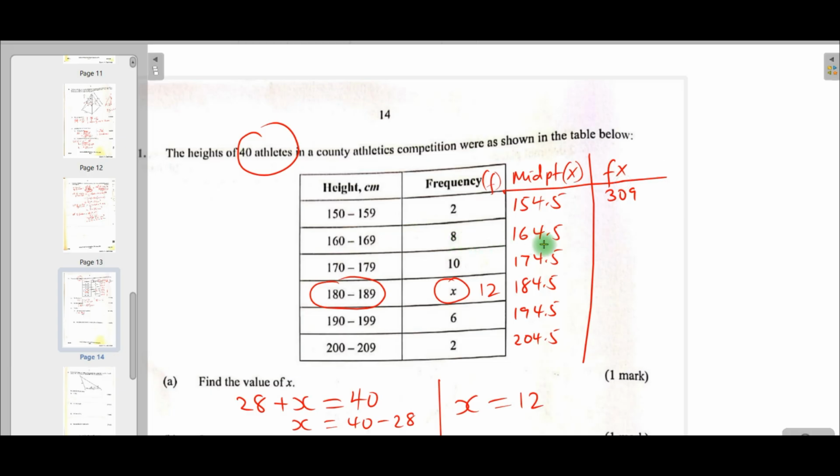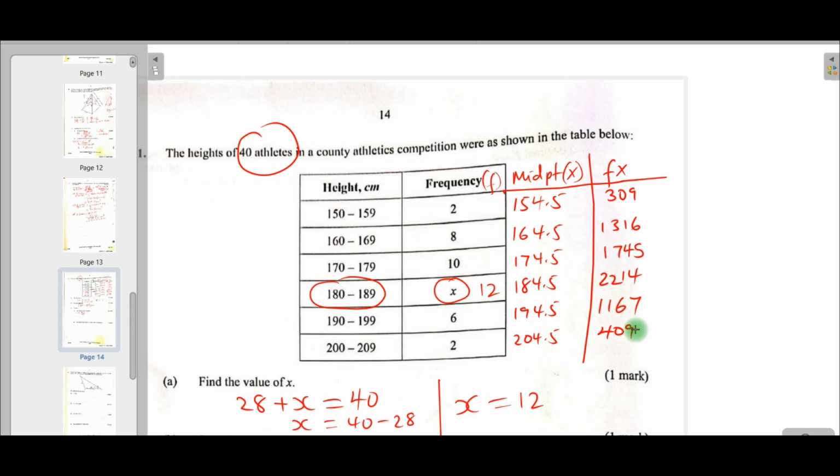Then 8 times 164.5, we get 1316. 10 times 174.5, we get 1745. Then 12 times 184.5, we get 2214, then 6 times 194.5, we get 1167, then 2 times 204.5, we get 409.